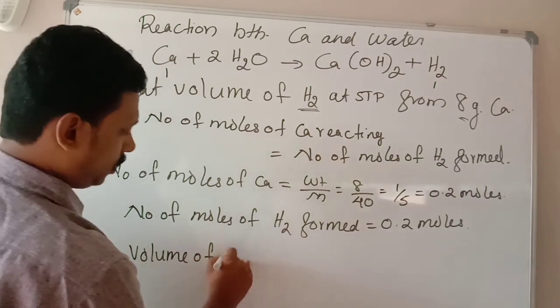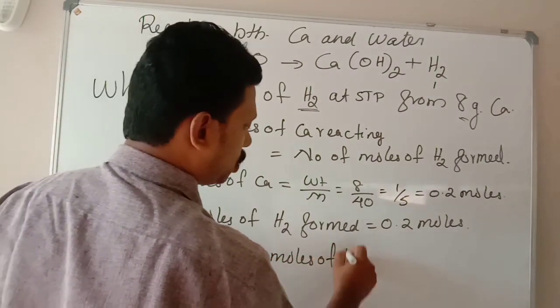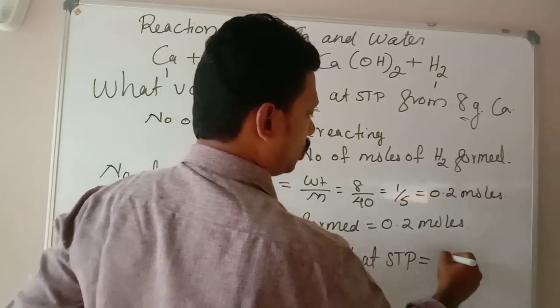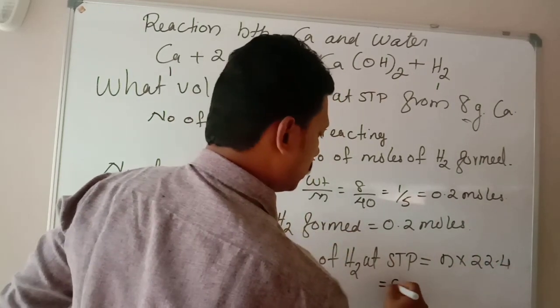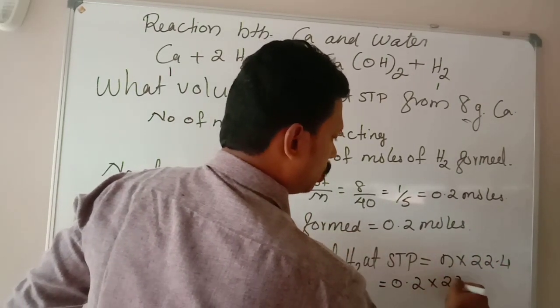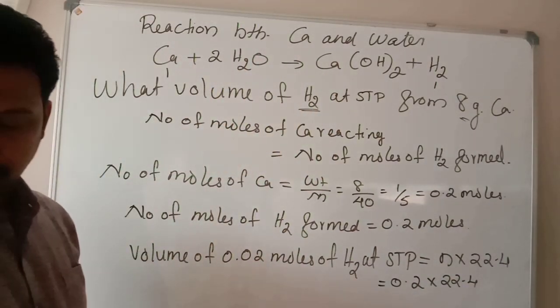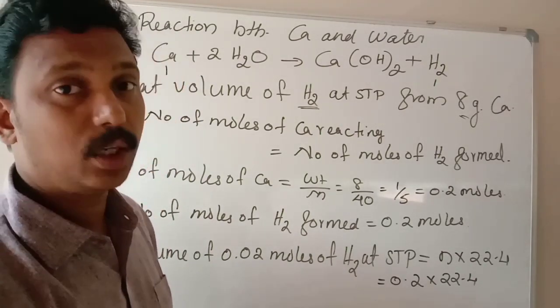Volume of 0.2 moles of H2 at STP is equal to number of moles into 22.4, and that is 0.2 into 22.4, and that becomes 4.48. But here the option is not in liters, it is in centimeter cube.